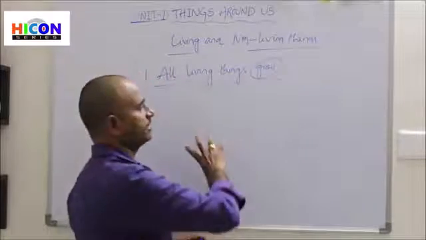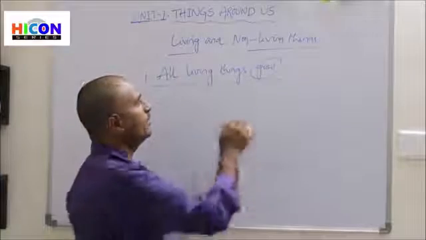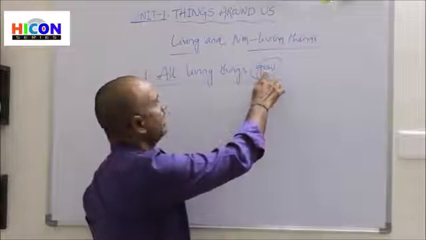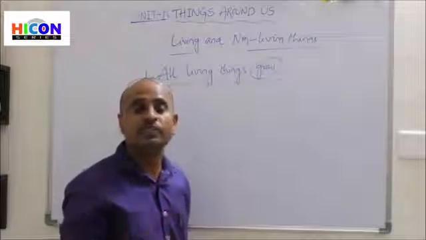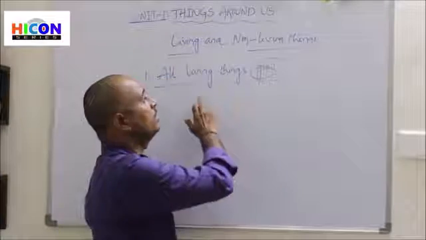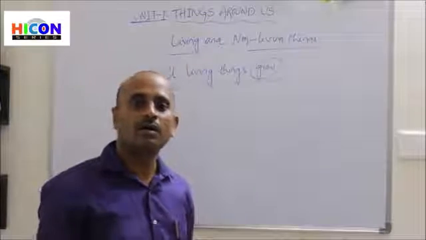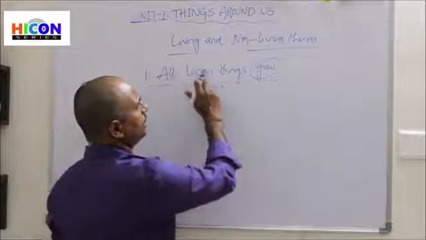Let us explain it in an elaborated way and with the help of examples. With the help of this characteristic, grow, we can differentiate living things and non-living things. That means the things which can grow are called living things, and the things which cannot grow are called non-living things. For example, all living things grow.